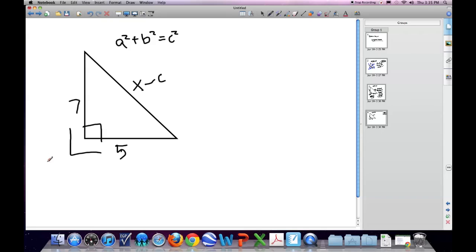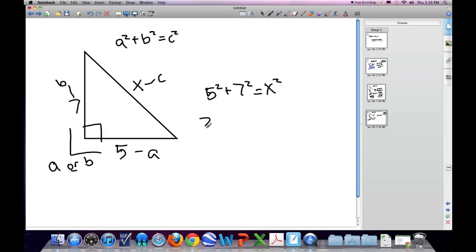These two can either be a or b. Doesn't really matter, but I'm going to make this a. I'll make this b. So we have 5 squared plus 7 squared equals x squared.